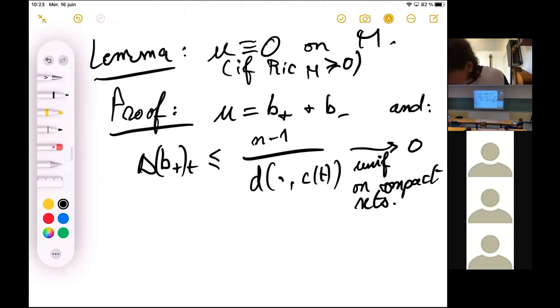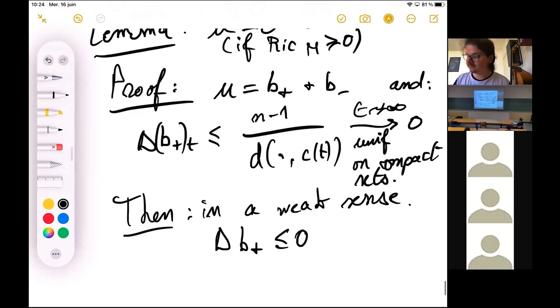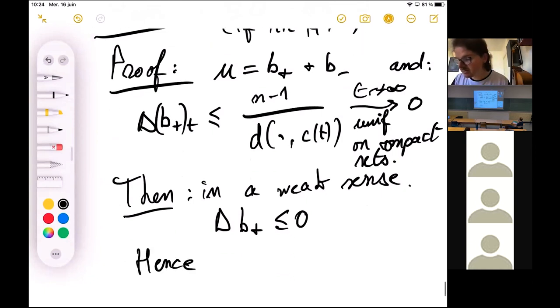So what that tells you is that in a weak sense, for instance in the barrier sense, the Laplacian of b plus, this is the limit as t goes to infinity, is less than 0. And we can do the same thing with b minus.